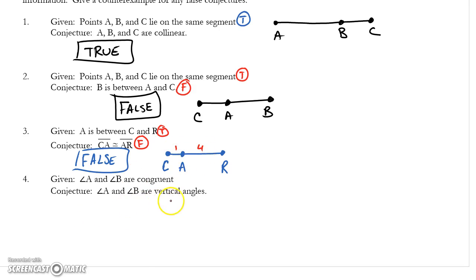You don't have to have a counterexample that matches exactly with mine, but it does need to, first of all, have A between C and R on a segment, and somehow mark the fact that A is not the midpoint. Whether you use segment lengths like this, or if you put little tick marks in here and say that's 1 and that's 2, you're showing that it's not congruent. Somehow come up with a counterexample that proves this is false.